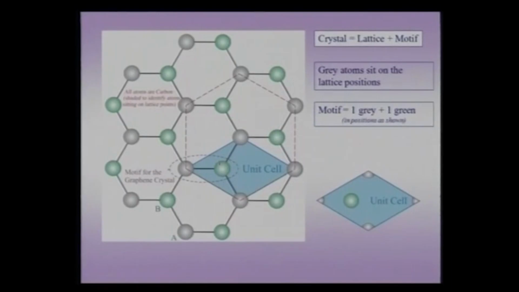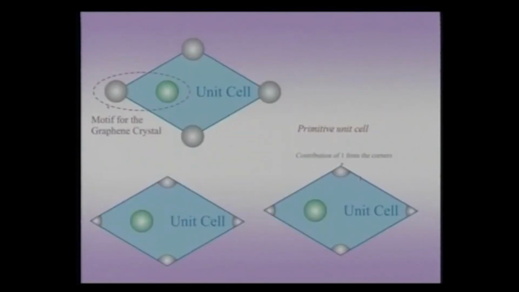Now for clarity, let me draw this unit cell separately. So this is my unit cell. Let me go down to the next picture wherein I have this full carbon entity shown. I have my unit cell, and my motif which is now decorating this lattice in the shape of this rhombus, the 120-degree rhombus.